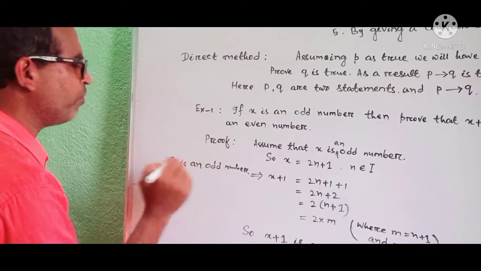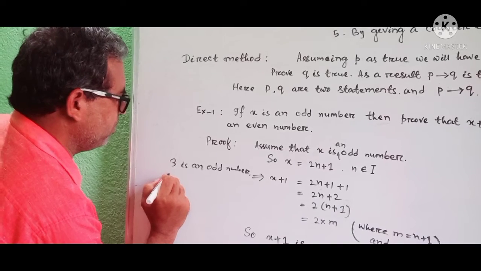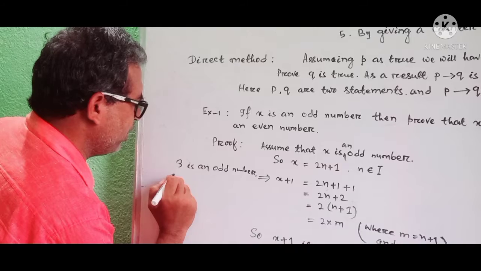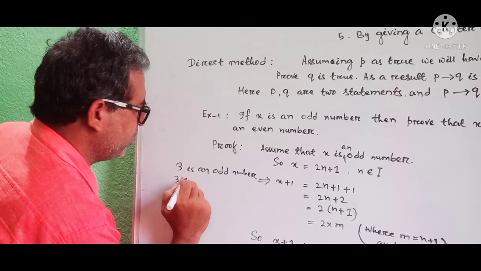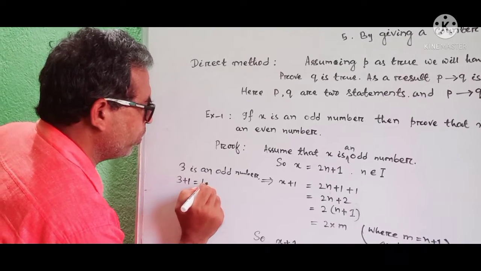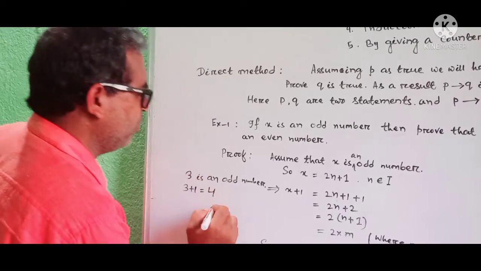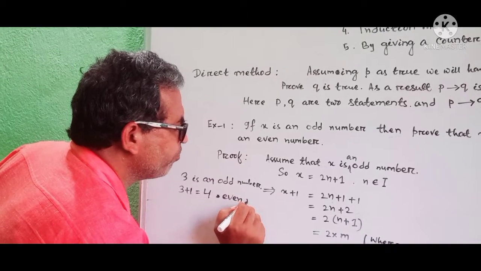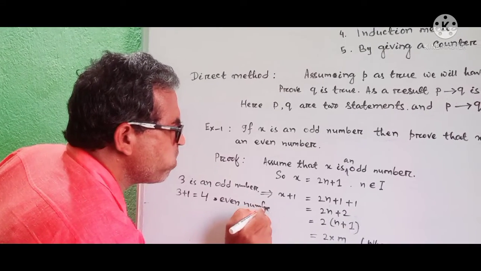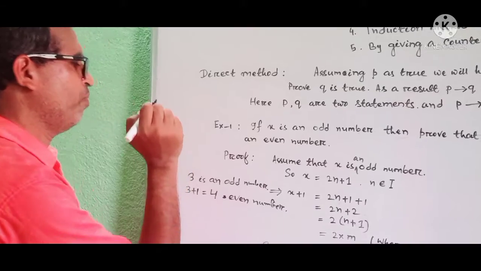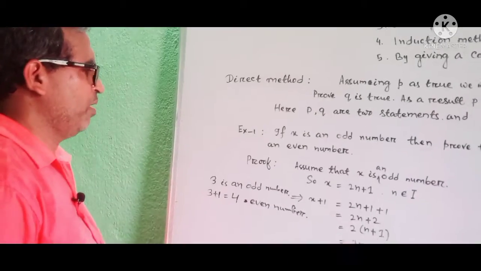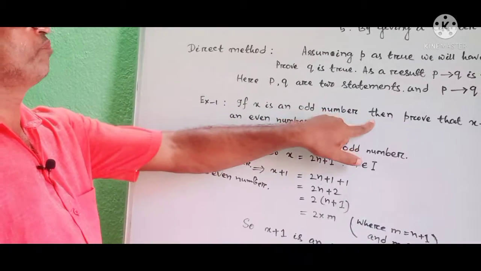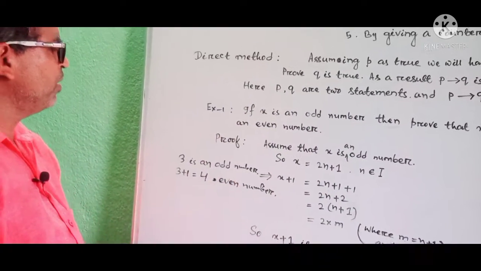So 3 is an odd number, and if I add 1, that means 3 plus 1, that is equal to 4. Four is an even number. So this is true, and our proof is complete.